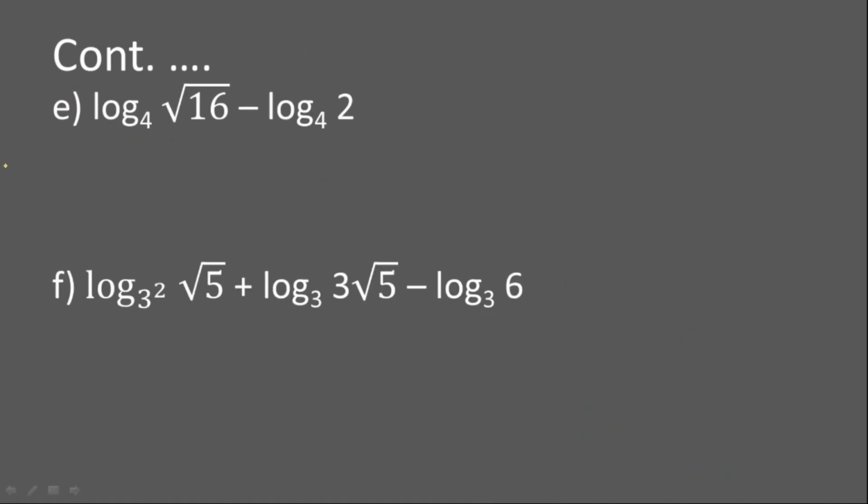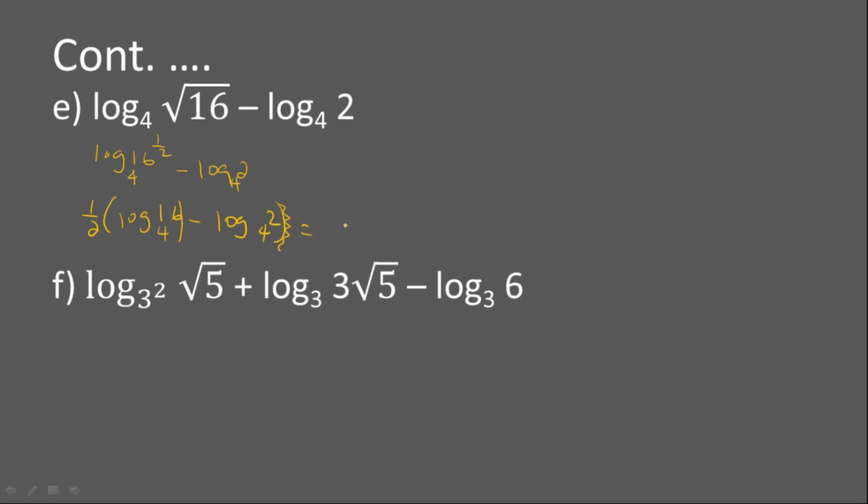So from this, we can write this number like log 16 to the power of 1 over 2 to the base 4 minus log 2 to the base 4. This can be written as 1 over 2 times log 16 to the base 4 minus log 2 to the base 4. This bracket is only for this one.